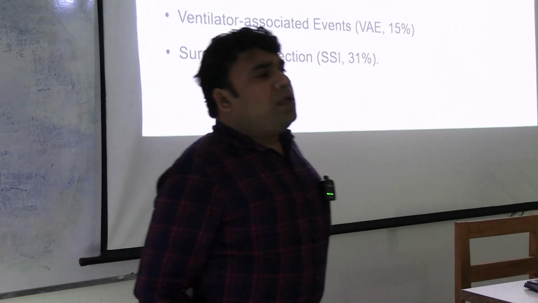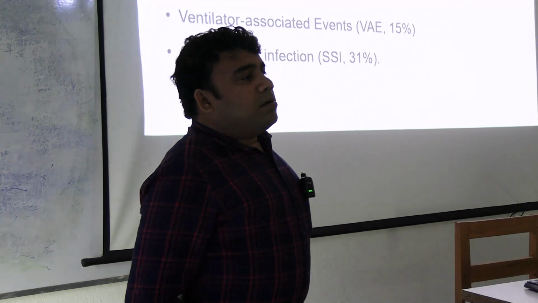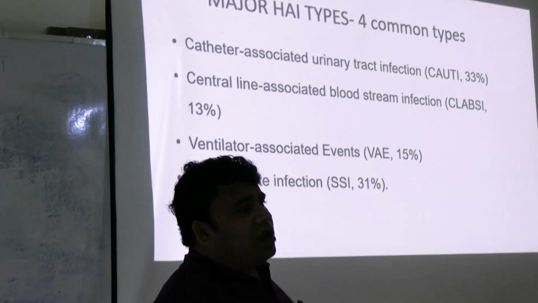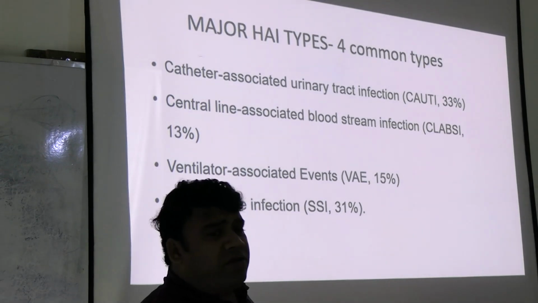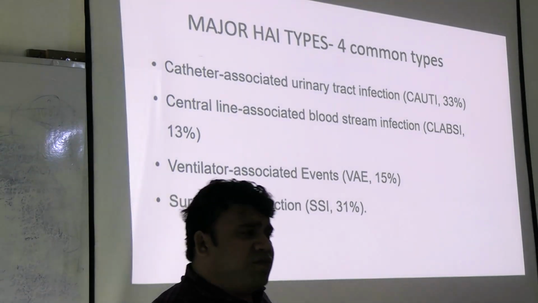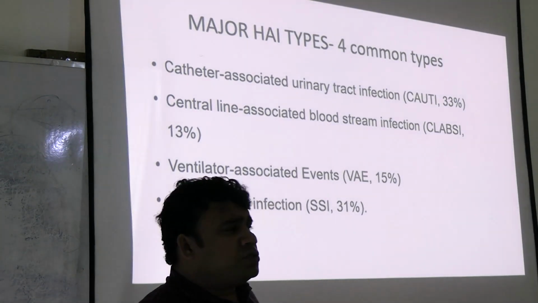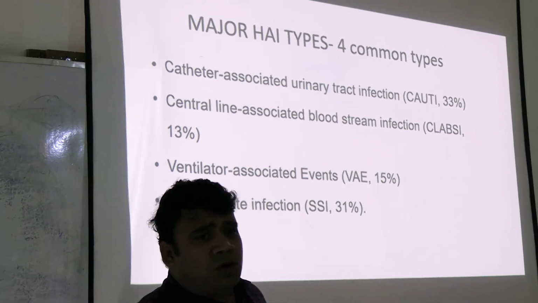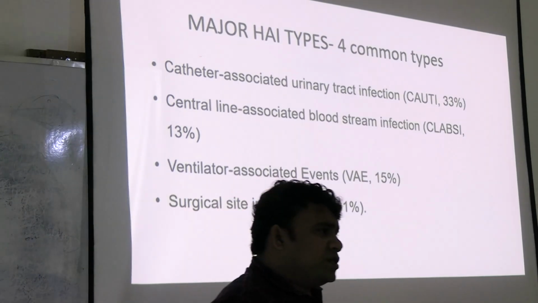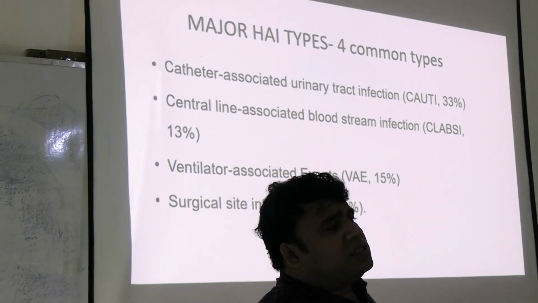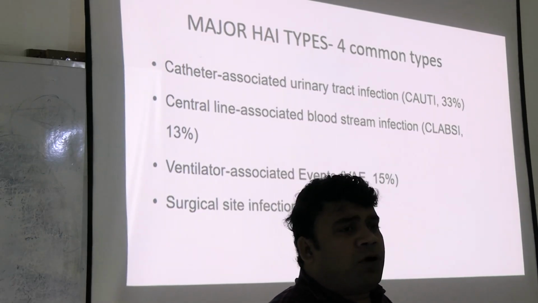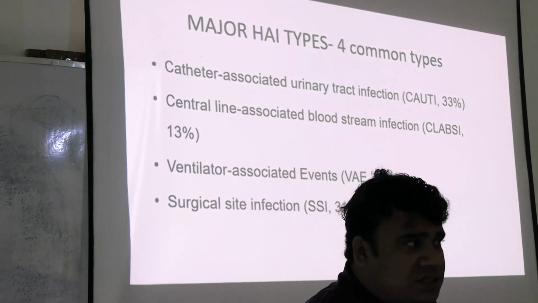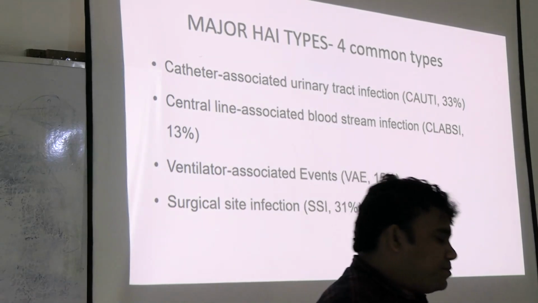The second one would be central line associated bloodstream infections. Then ventilator associated events, earlier called ventilator associated pneumonia, now more commonly called ventilator associated events, and surgical site infections. So these are the 4 predominant types of healthcare associated infections seen in patients.